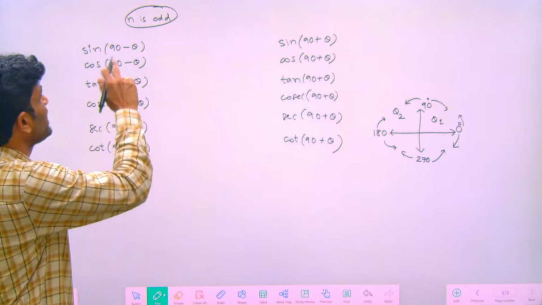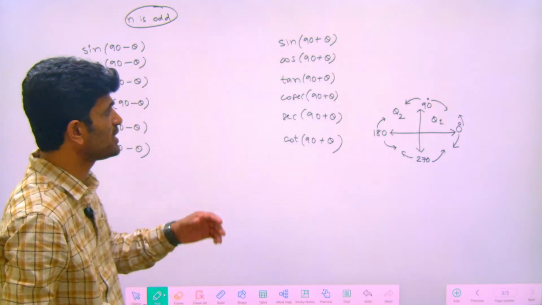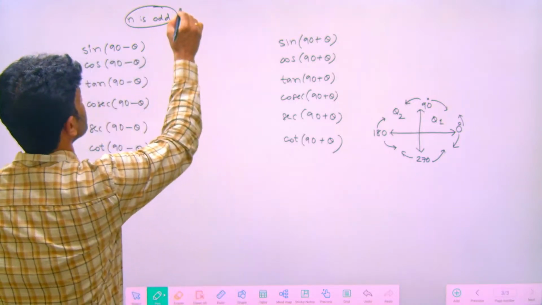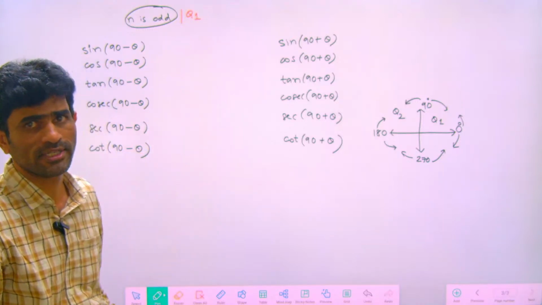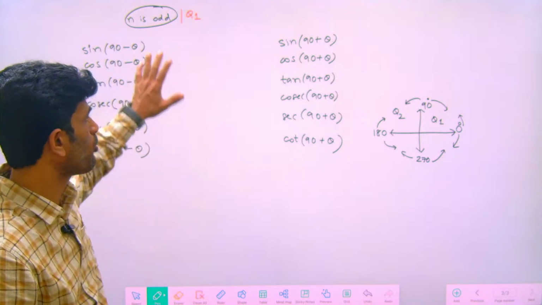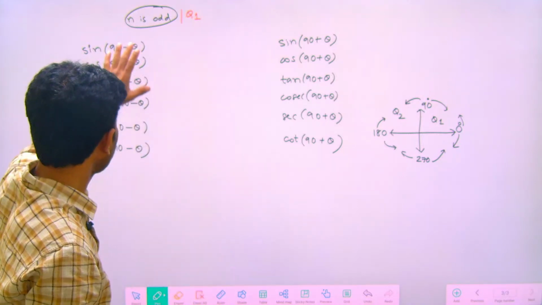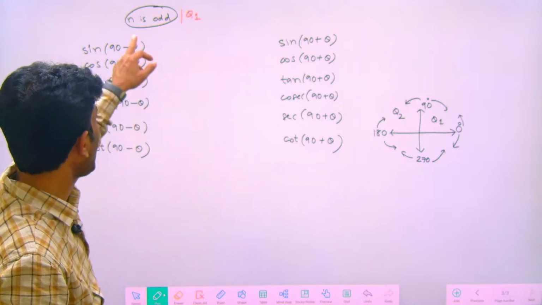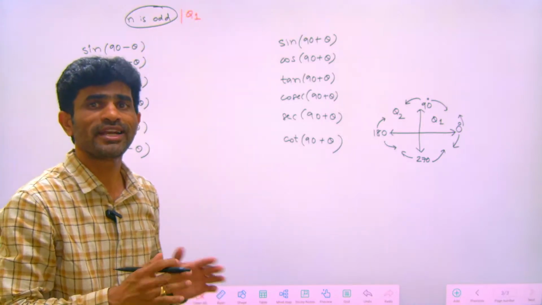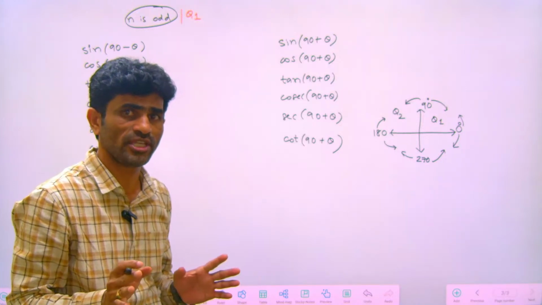Now all these 90 minus cases lie in Q1, and in Q1 we know all are positive. So all the results will be positive. There is no confusion. And because n is odd, all the trigonometric ratios will be interchanged.